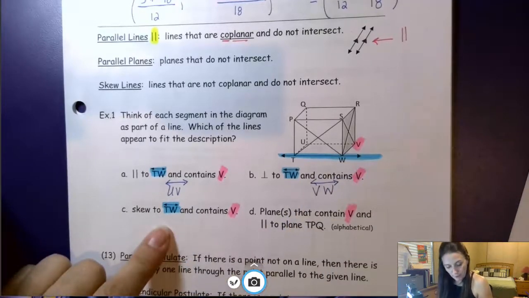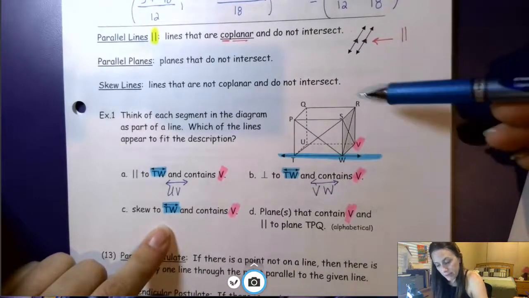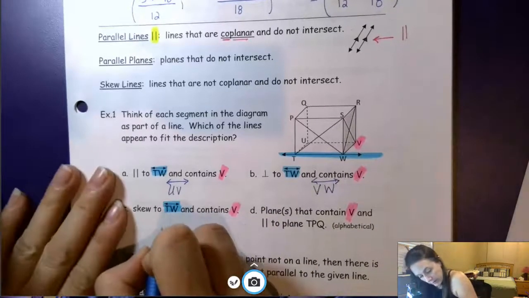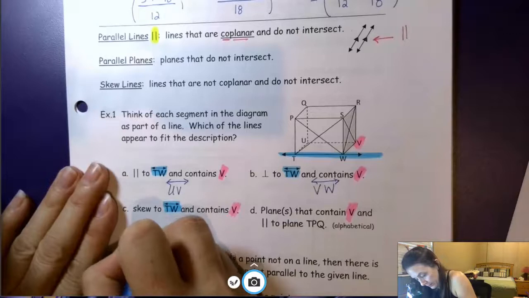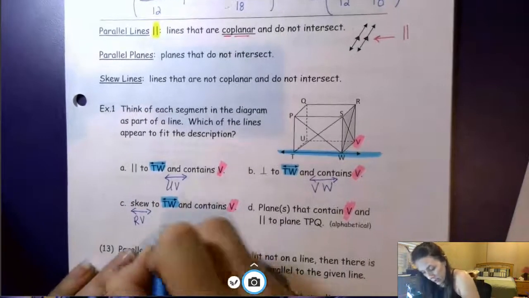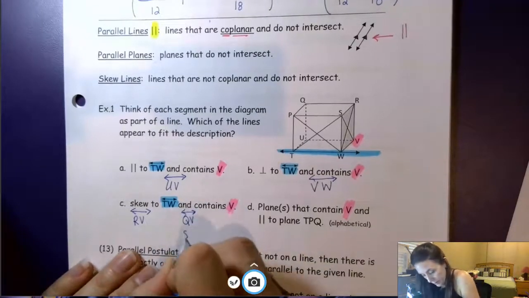Skew. Now there are a few that I can name that are skew. RV is probably the easiest one to visibly see. So RV is probably the best one. But there are actually a lot that are skew. QV works. SV works.